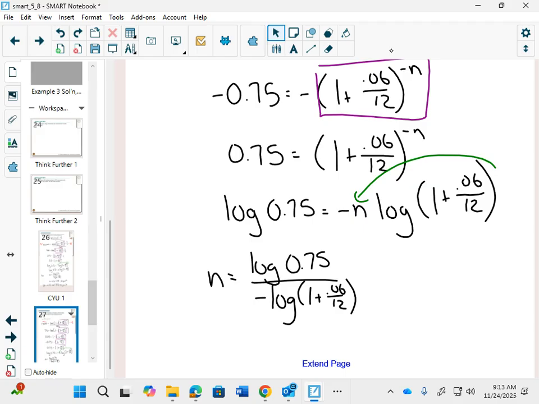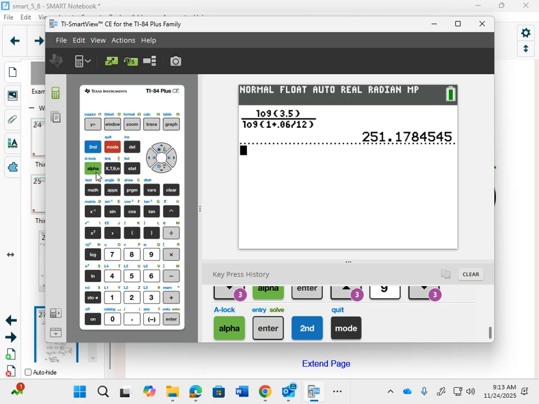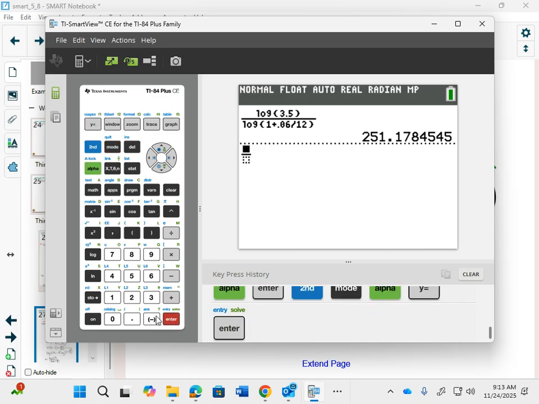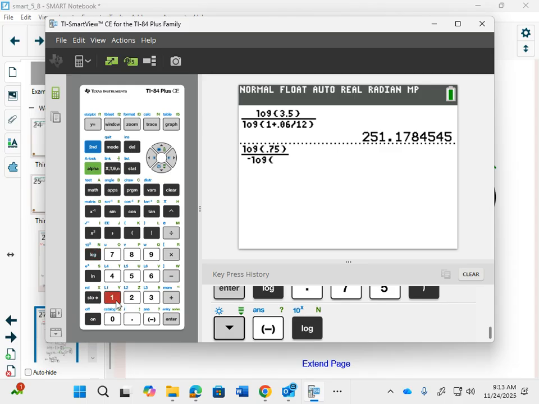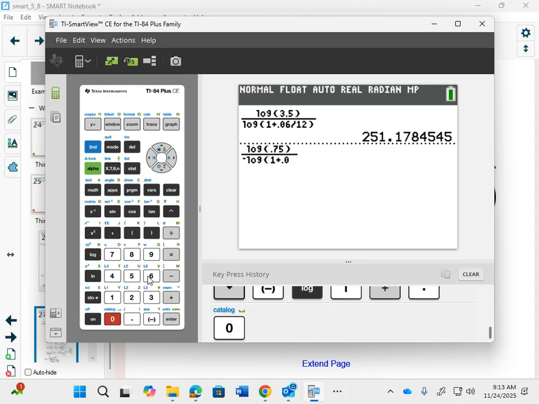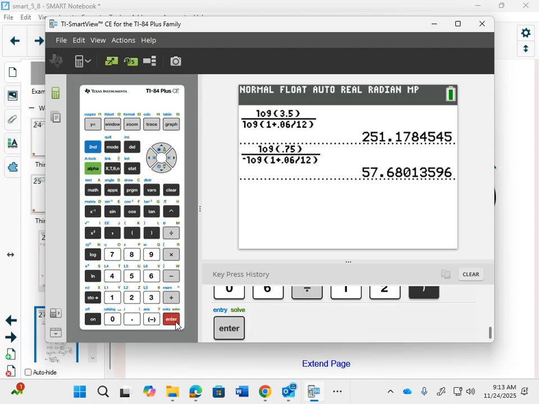We're going to type this into our calculator and see what we get. Log of 0.7 divided by negative log of 1 plus 0.06 divided by 12. And we push enter. 57.680.